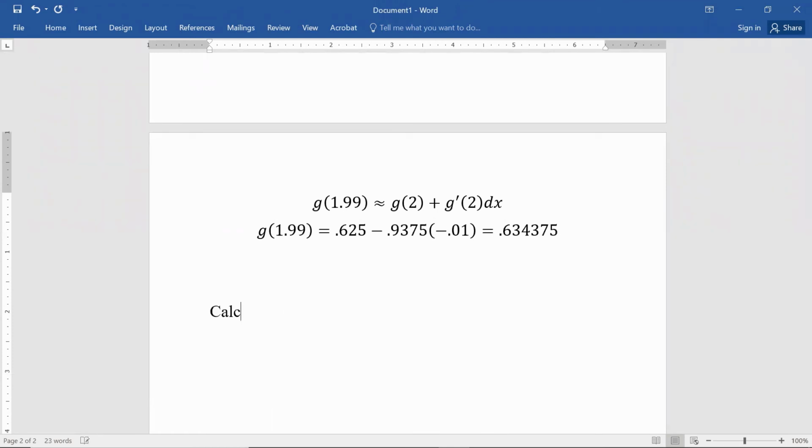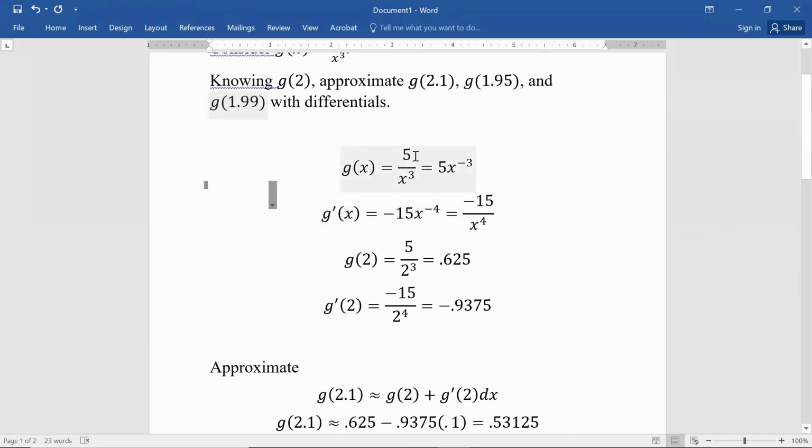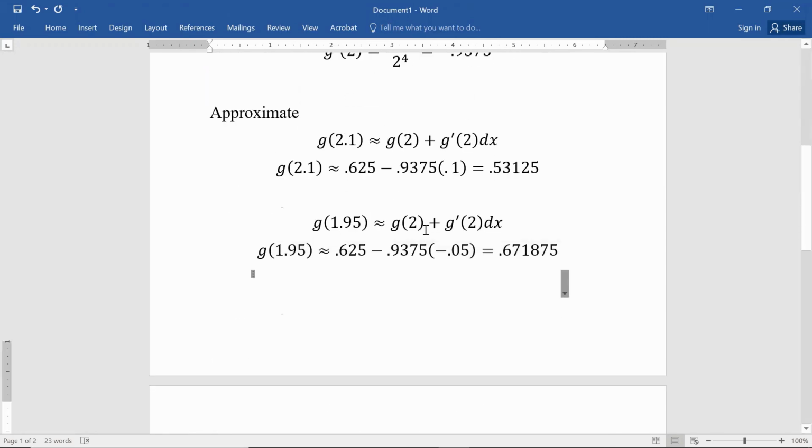If you want to look at how good the calculator gives you an answer, so this was an approximation. I probably should have used the approximation symbol. The calculator, when I plug in 1.99, I would plug that into 5 divided by 1.99 cubed.